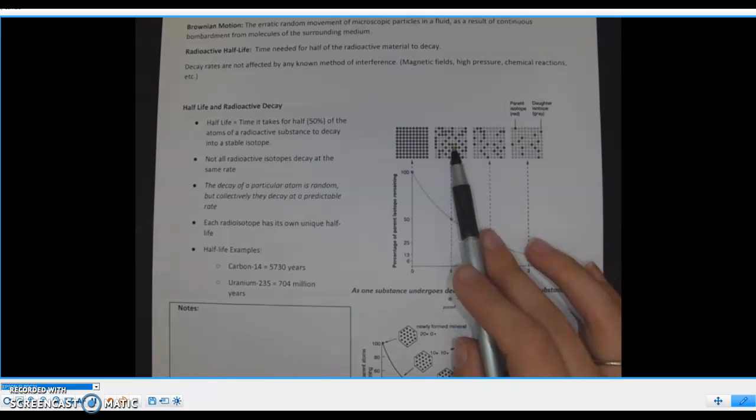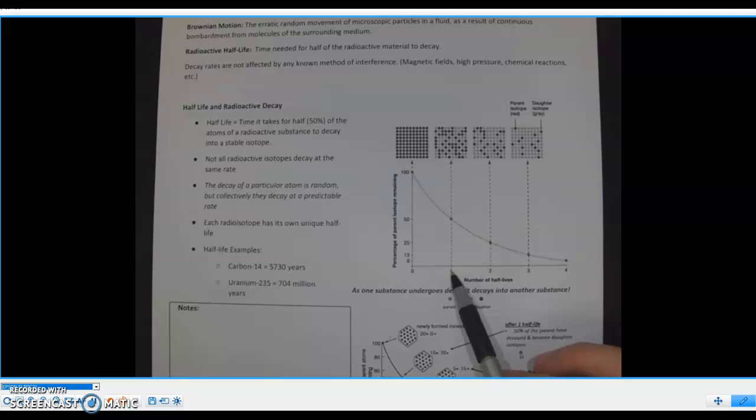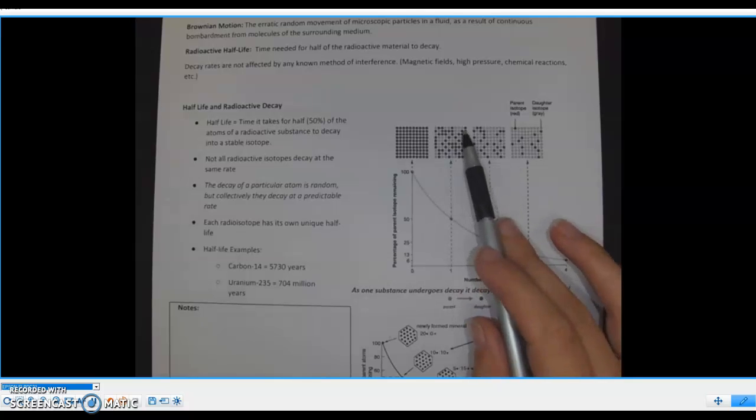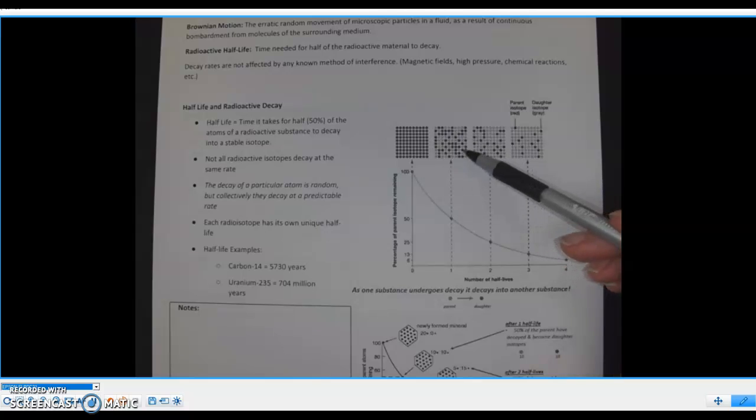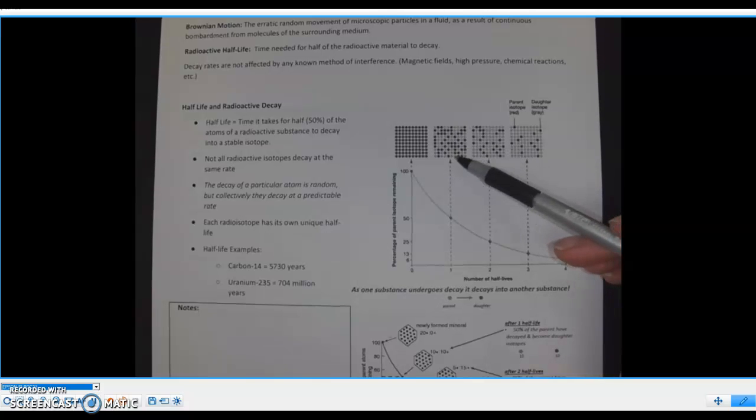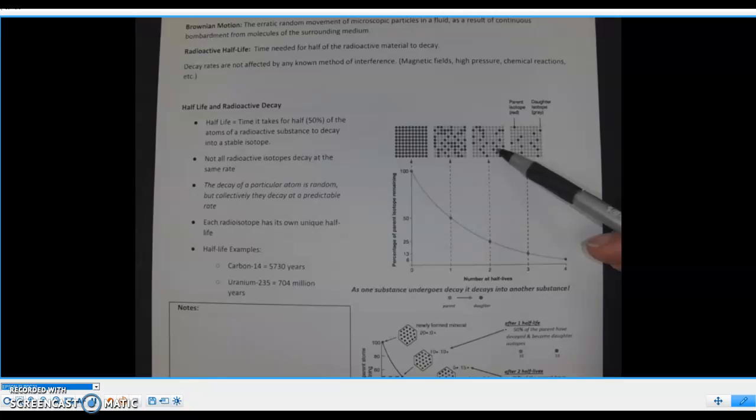Half of them decayed to something stable. At that point, one half-life has occurred, and then the time it takes for half of these still radioactive atoms to become stable, that's the second half-life. Okay, let me give you an example.